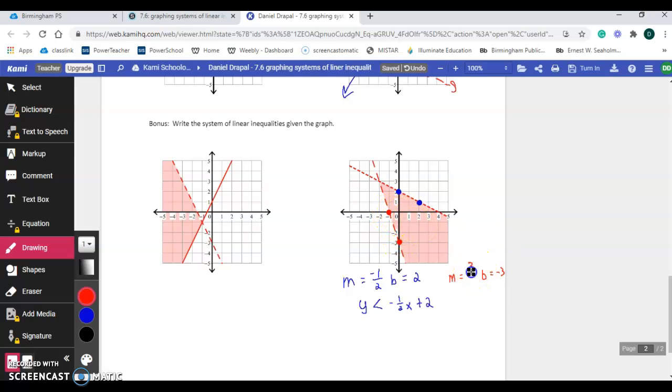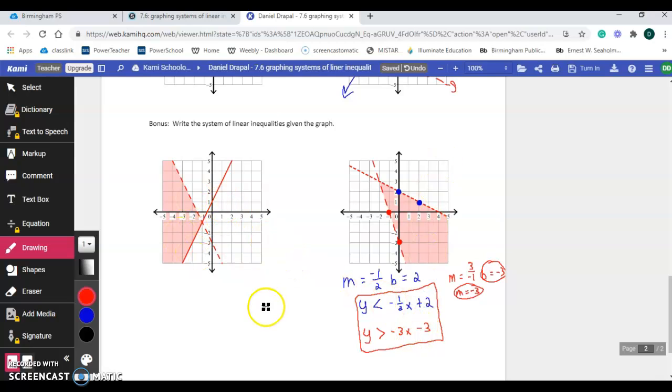So up 3 to the left 1, which is also the same as just negative 3. So I got those two. So we have y, and then this is above the line, so it's greater than. Dotted line, so I'm not putting the line underneath, and then m, negative 3x minus 3. So this is my system of those equations.